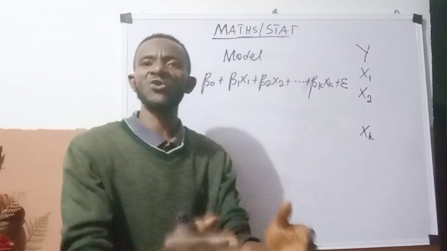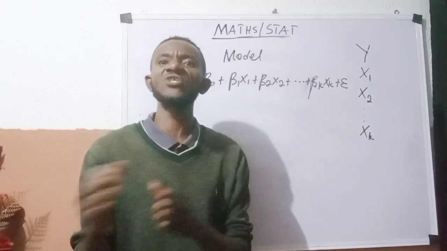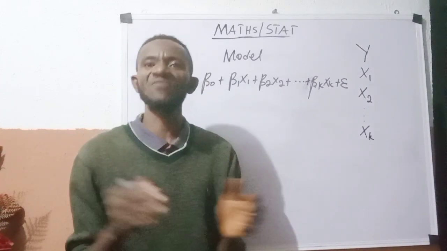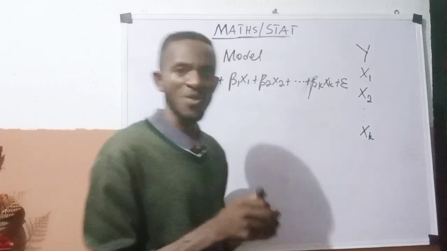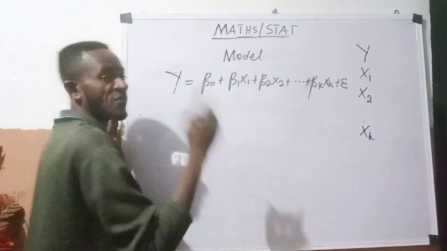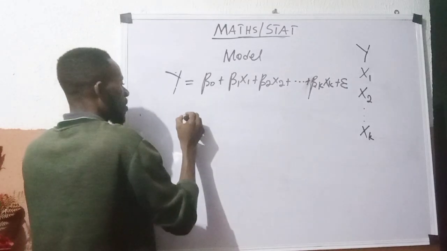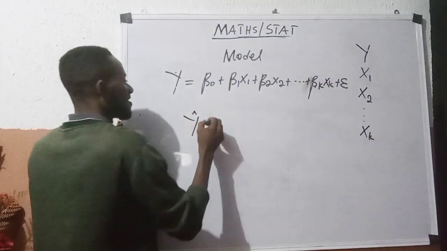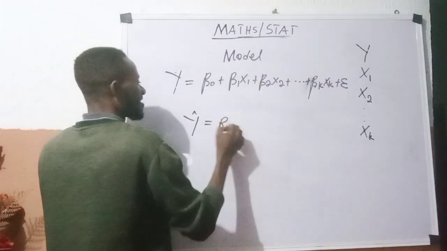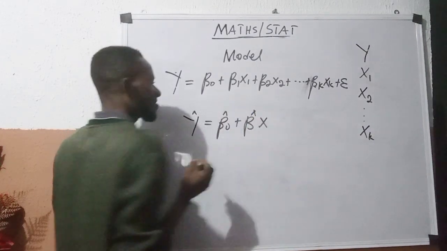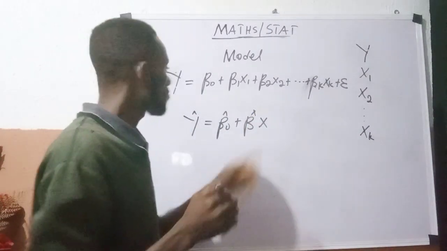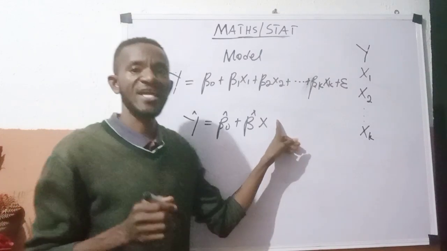And that will now bring us to the regression equation instead of the regression model. Now for the regression equation, we have something like this. For simple linear regression, Y estimate is given as beta 0 estimate plus beta 1 estimate X. We are no longer talking about the error term.